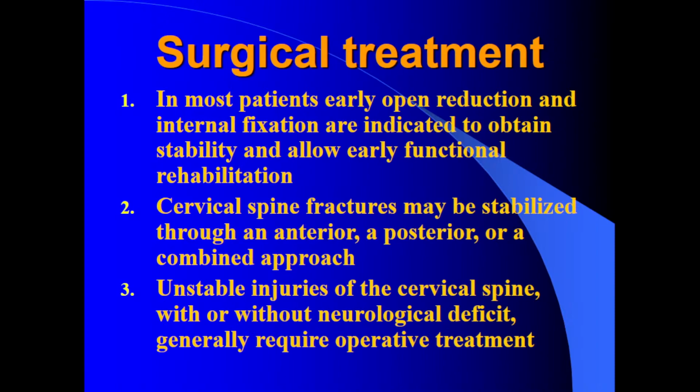In general, all surgical procedures in case of spine trauma can be split into two big groups. The first one is decompression procedures, or decompression surgeries, and the second one is stabilization surgeries. Sometimes we perform both decompression and stabilization.